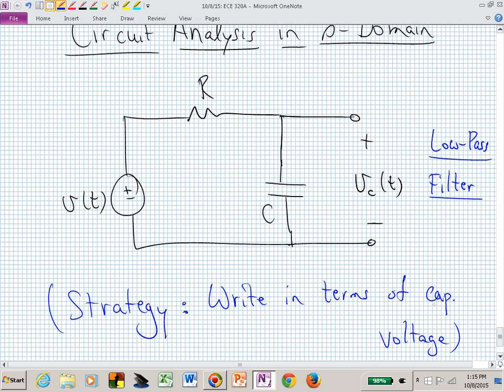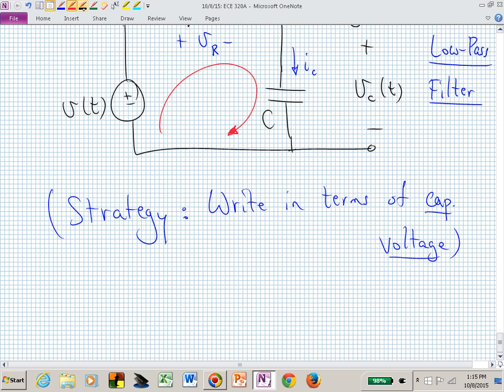And that's from ICE. So that now we could say, oh, there's I sub c, and here is v sub r if we needed to label those for any particular reason. And maybe we want to write a KVL equation in that direction. If we do, what's KVL?